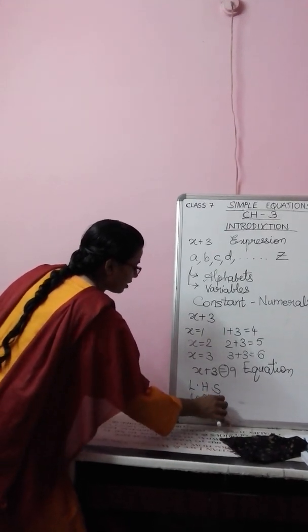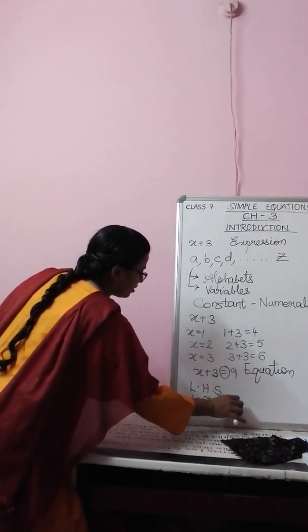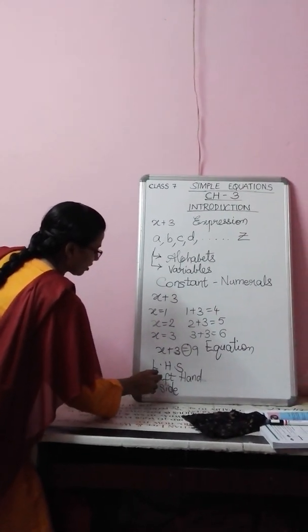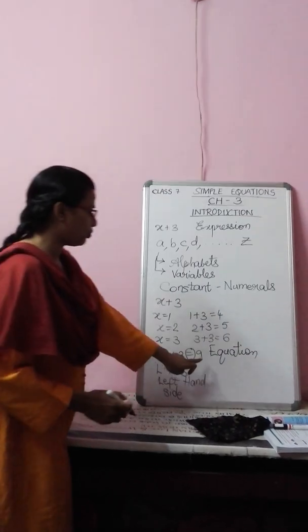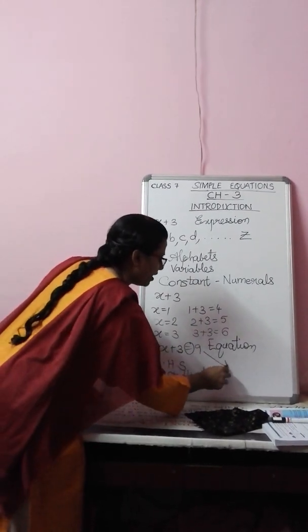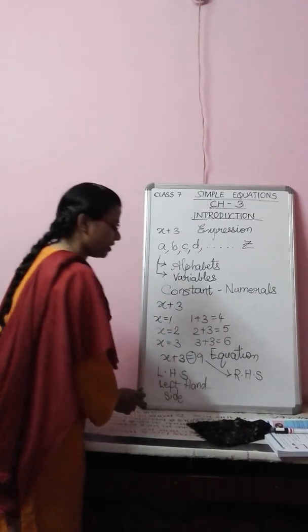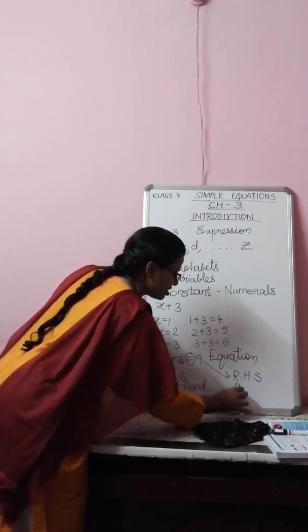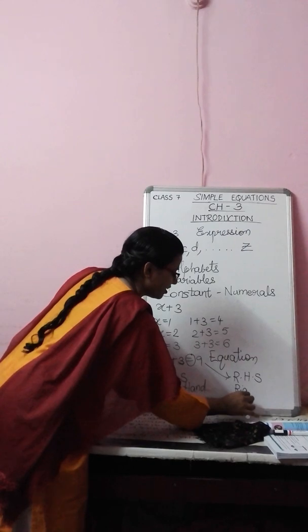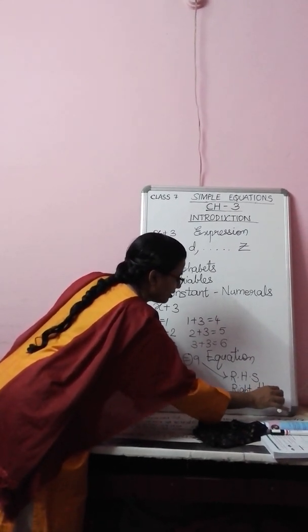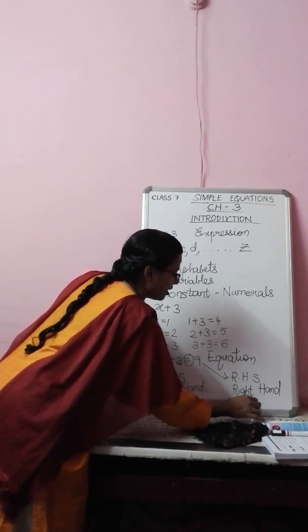Left hand side. Now this 9 is called R.H.S. The full form of R.H.S is? Yes, very good. Right hand side.